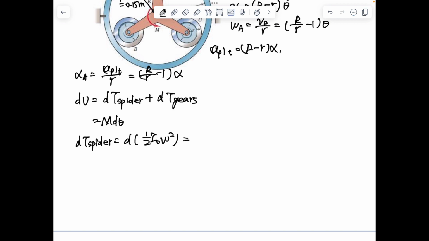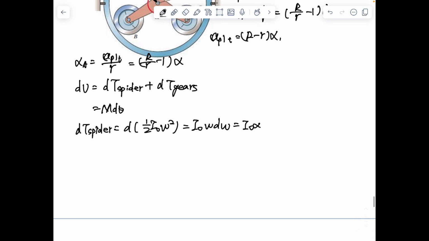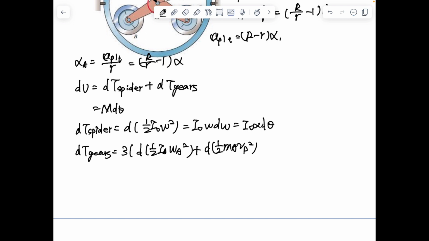This is equal to Io omega d omega, which is equal to Io alpha d theta. dT gears is equal to 3 times d of 1 over 2 Ia omega A squared plus d of 1 over 2 ma Vp squared.